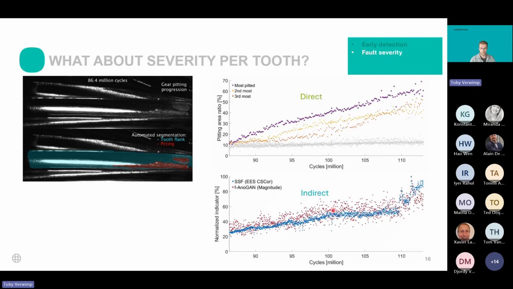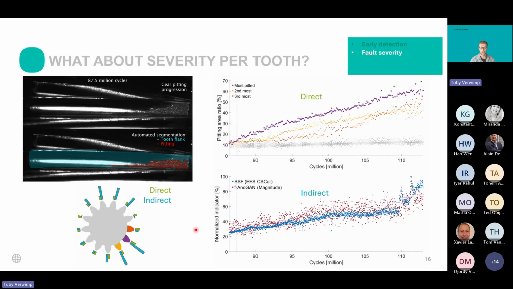We also have, at the same time, our signal processing and AI-based indicators. Here I only show 2 of those. But we can also look per tooth using the wavelet analysis. And then we can have an estimate here in blue of the fault severity per tooth. And we can directly compare it with the image features that we get from the vision system.